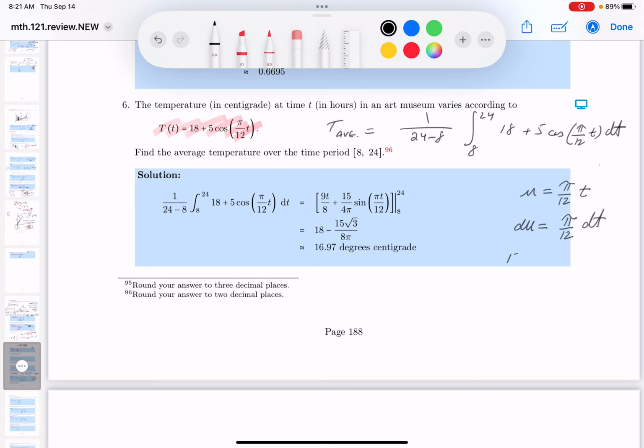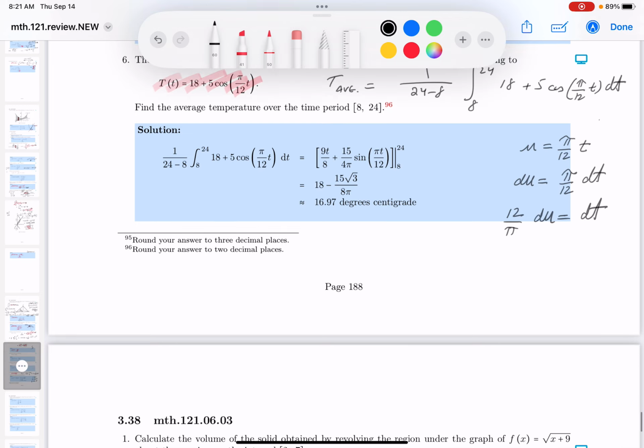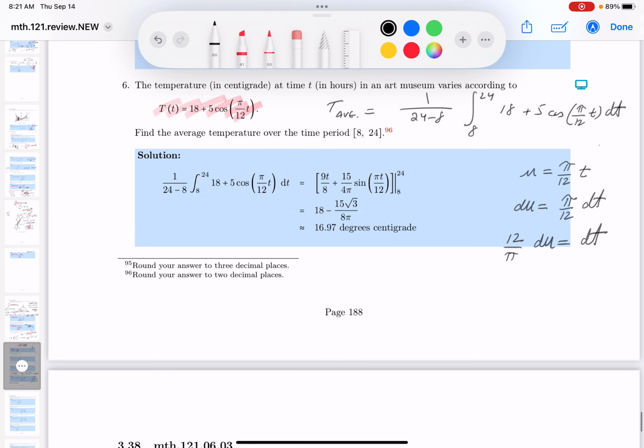So 12 over pi du is equal to dt. Let me see if I can figure that out, one thing at a time. What would that give you? Well, that gives you 1 over 16. Do my integrations.